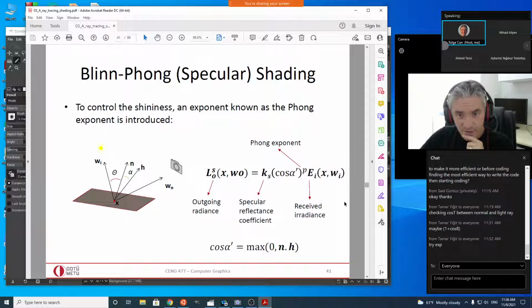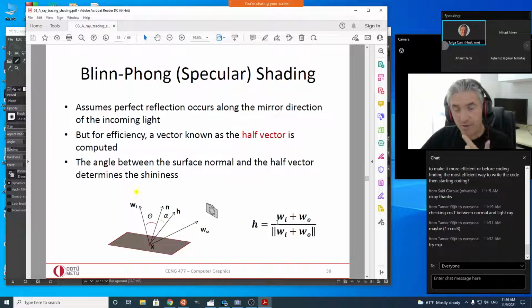The half vector is computed here. Basically, we just add these two vectors. Actually, we don't divide it by two. We want this half vector to be normalized, so we just divide it by the length. Add these two vectors, light vector and view vector, then normalize the vector.